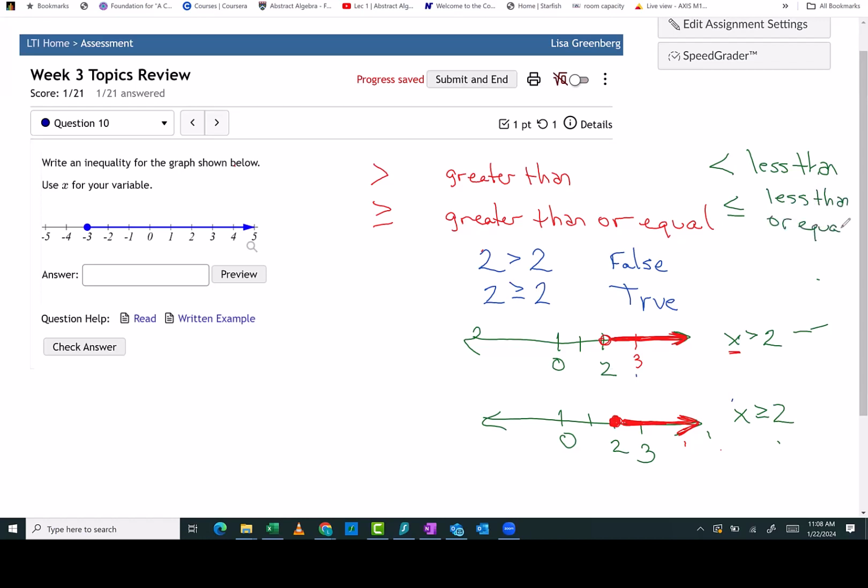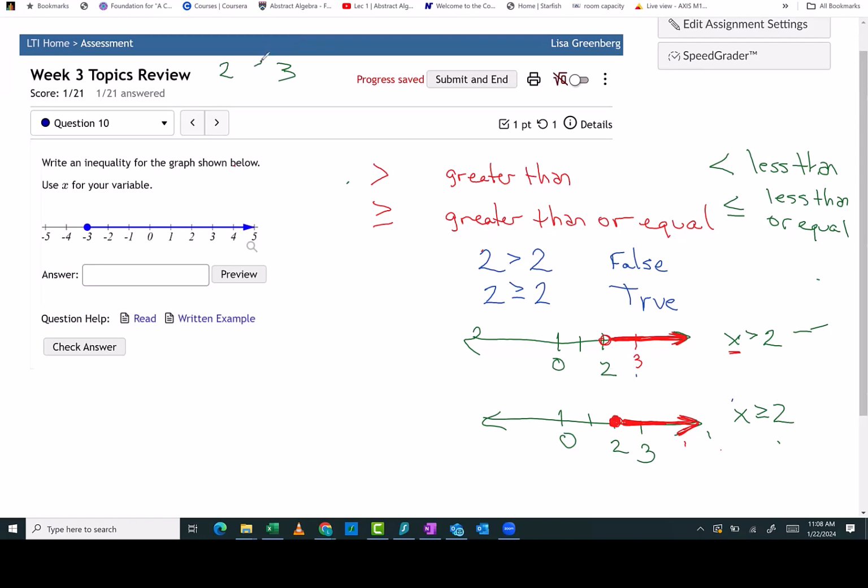I know many of you have been taught different ways. I've heard of alligators and L's and all kinds of things to remember what greater than is and what less than is. My favorite way: if I have a 2 and a 3, 2 is smaller than 3.